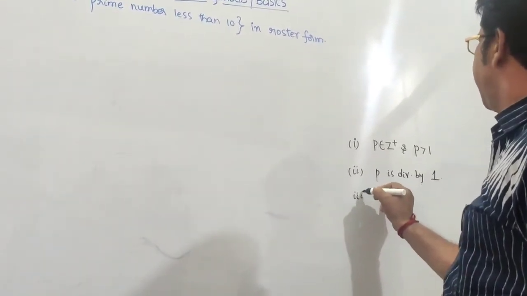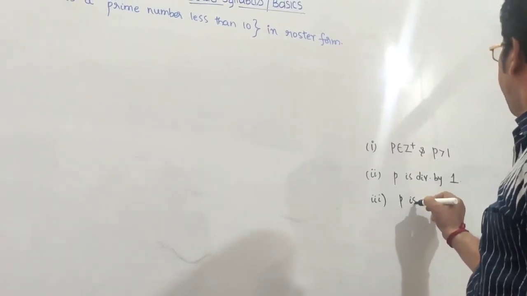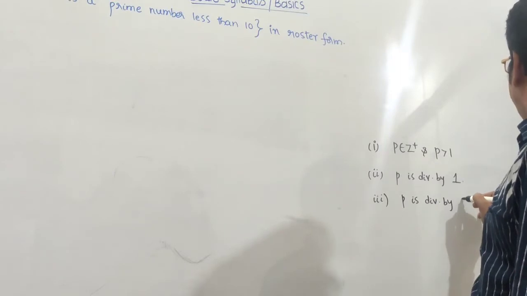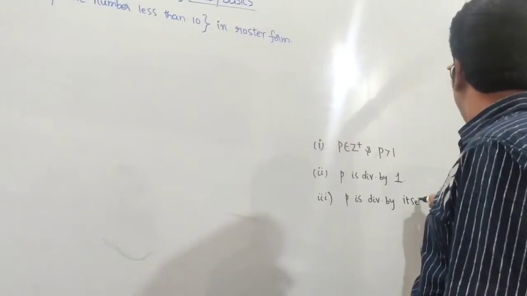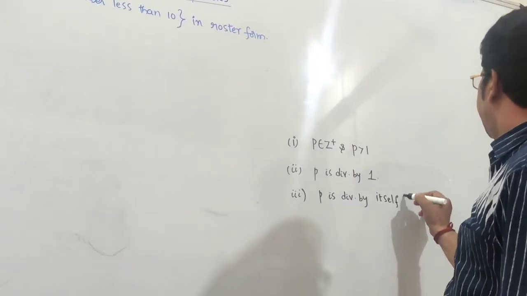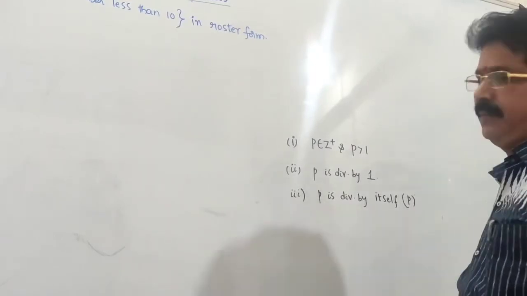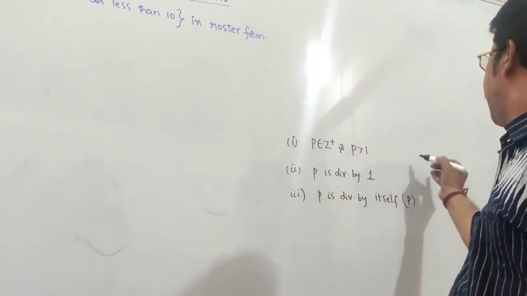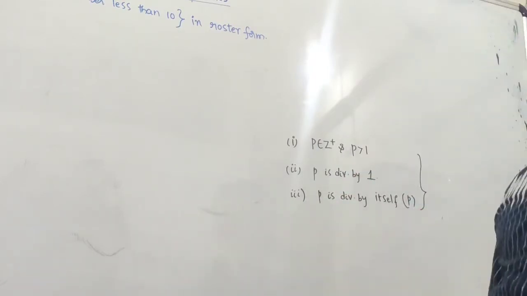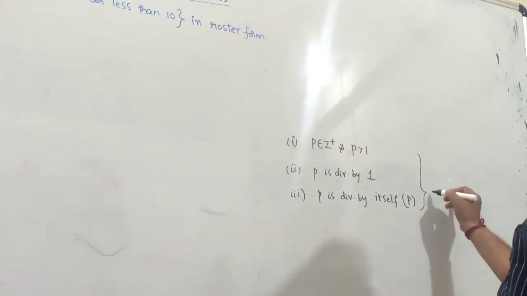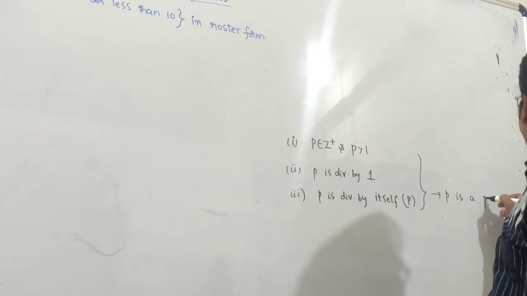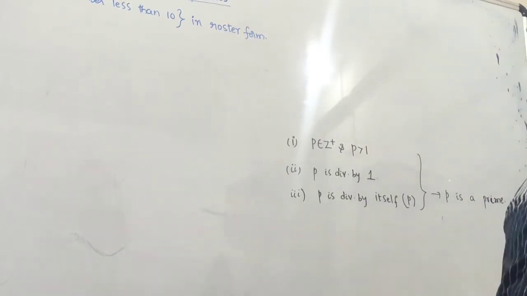Next, third condition, P is divisible by itself, within brackets, P itself means that number only. If these 3 conditions are satisfied, then only P is said to be a prime or prime number.